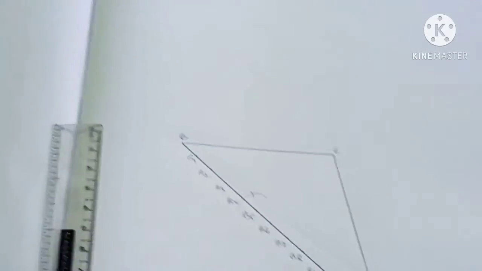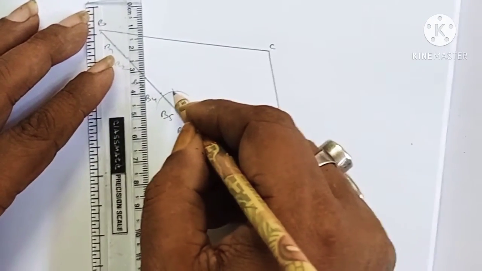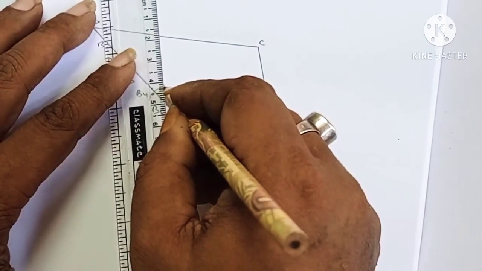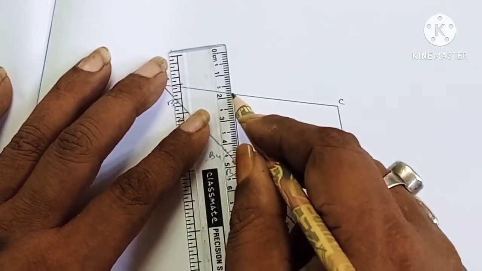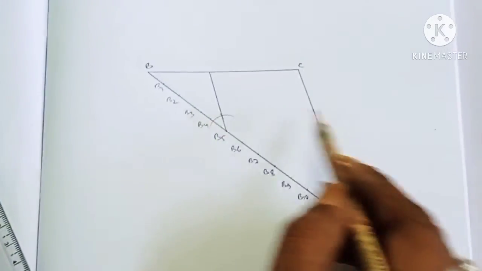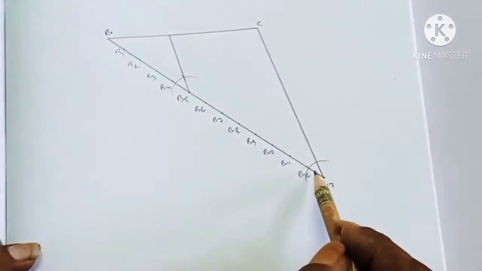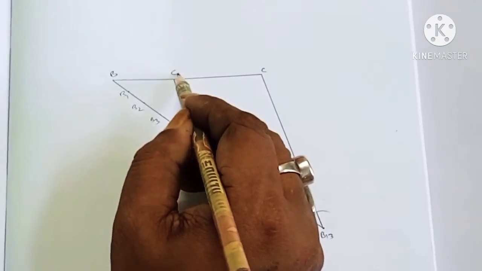Now I am going to join this point with B. You must see that this line looks parallel to this because these corresponding angles are equal. So this line is parallel to this, and this is C dash.